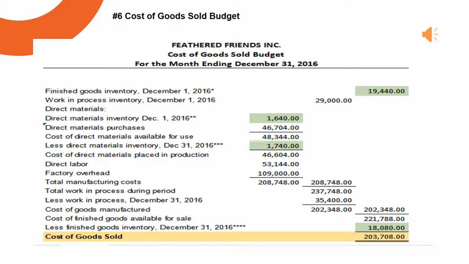In order to prepare the cost of goods sold budget for Feathered Friends Incorporated, we should first get the finished goods inventory at December 1, 2016.